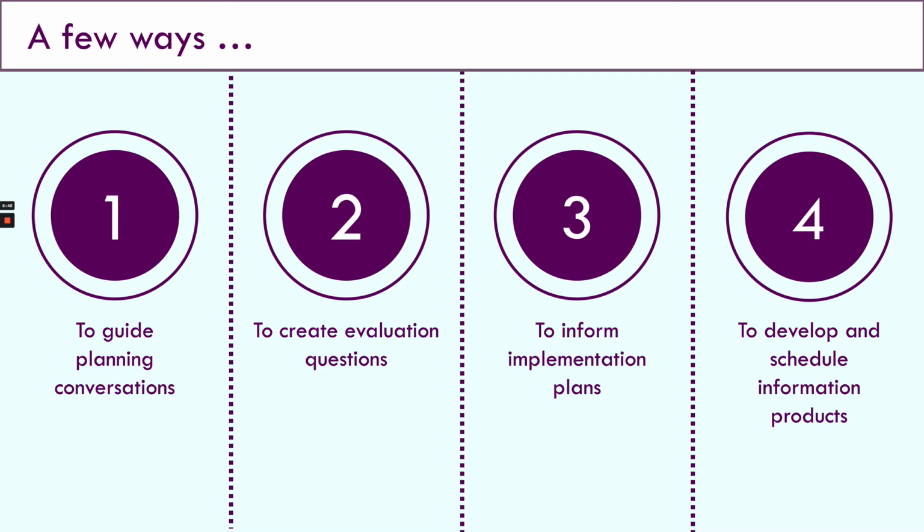The third place that this comes into effect is when we're getting into the implementation plans. So it's one thing to have a nice list of evaluation questions that you're going to ask and indicators, but knowing where our stakeholders fit and what their roles are also helps to inform implementation plans.